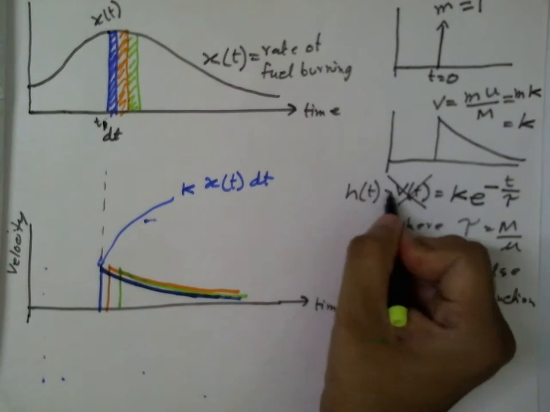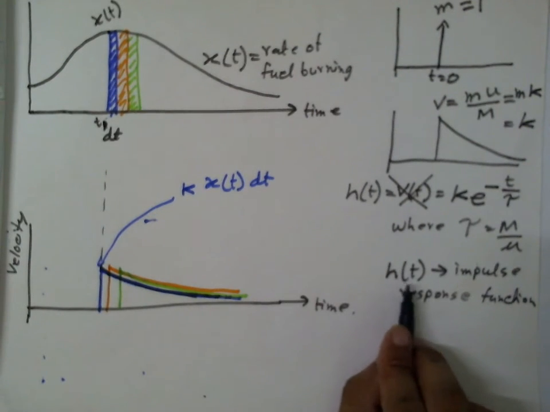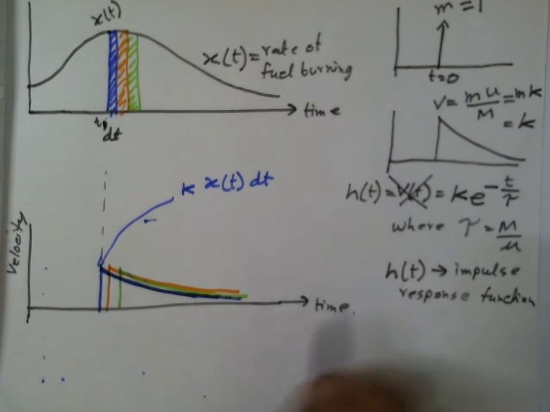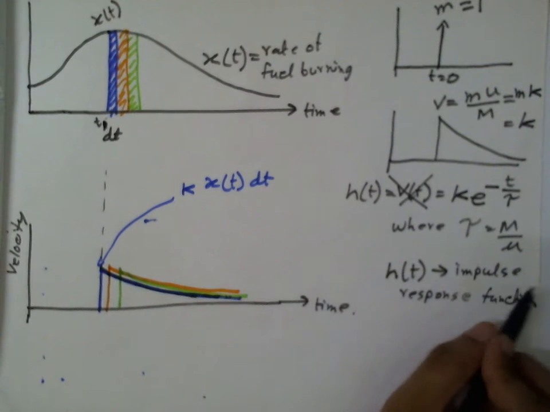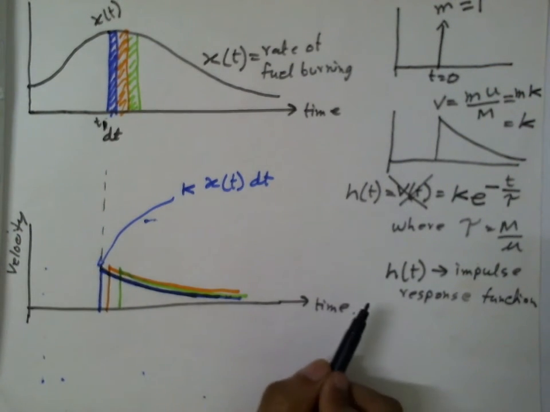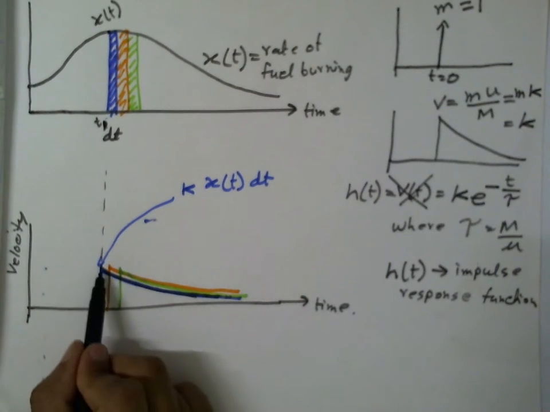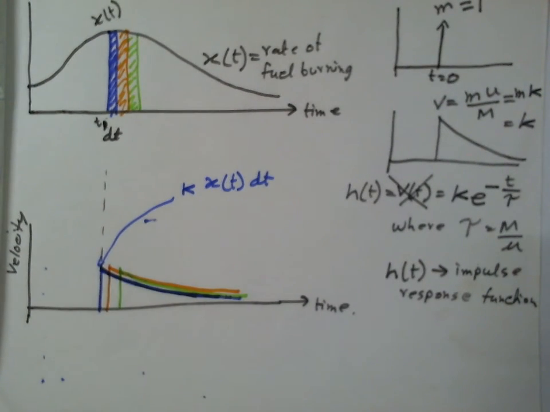This is just a convention. Here h is the same as velocity. Now h(t) is given, and from this h(t) I have to find out the velocity at any instant by adding up these individual curves.